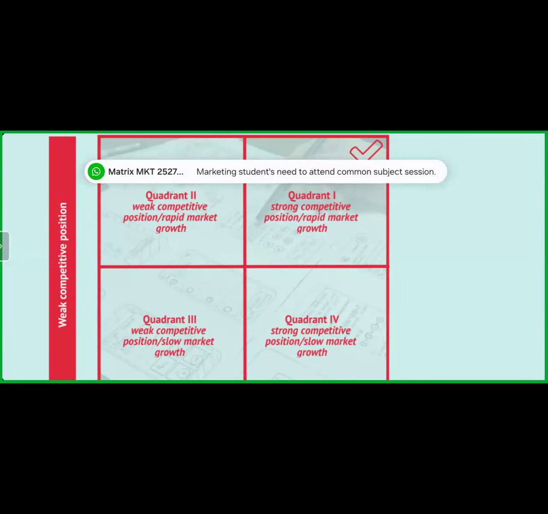Now here, if the organization keeps itself in quadrant 1, it indicates what? Strong competitive position. Strong competitive position means, if we take the same example of organization X, then organization X will analyze that we are having a very competitive position in this particular sector.